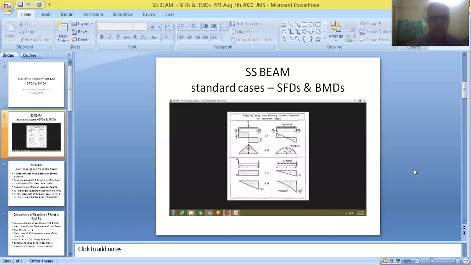So friends, these are the rules to be followed while preparing SF and BM equations, and also for constructing shear force and bending moment diagrams.